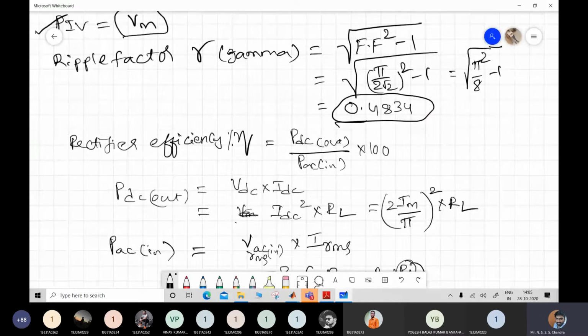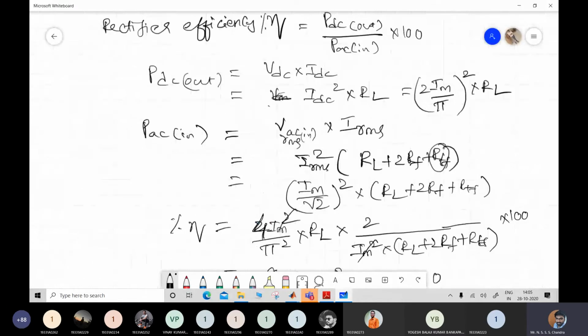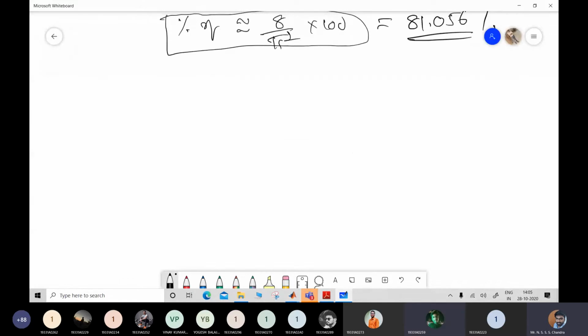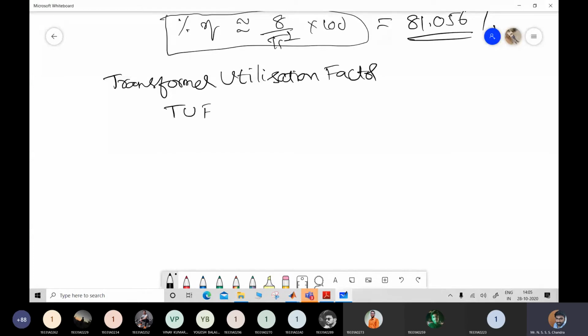Okay, so even the rectifier efficiency is over, your ripple factor is over. So what are we left with? We are left with the transformer utilization factor, TUF.